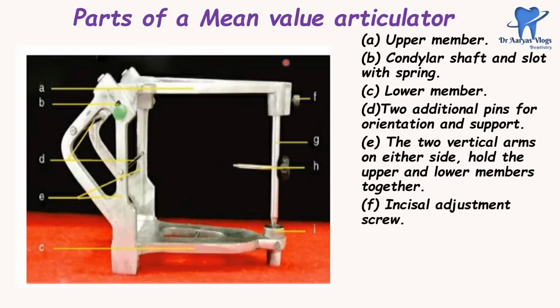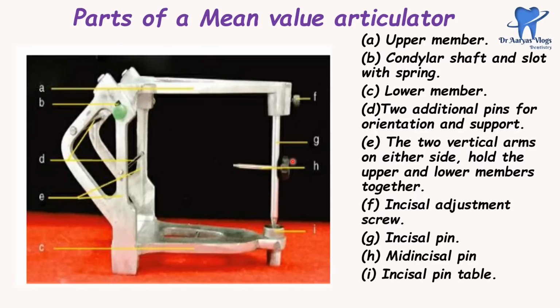This is the incisal adjustment screw. This is the incisal pin. This is the mid-incisal pin. And this is the incisal pin table. See, it is not adjustable. These are fixed ones. So these are the parts of a non-adjustable articulator, mainly the mean value articulator.